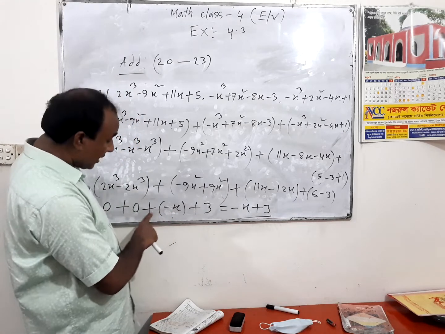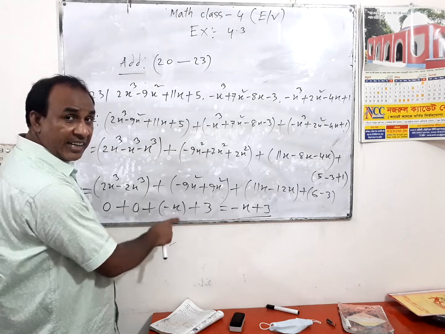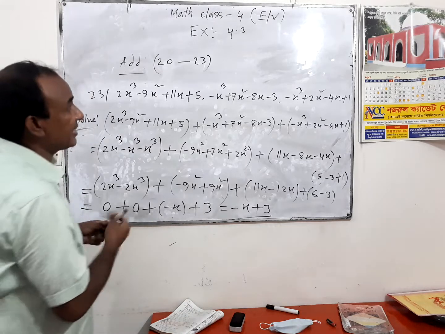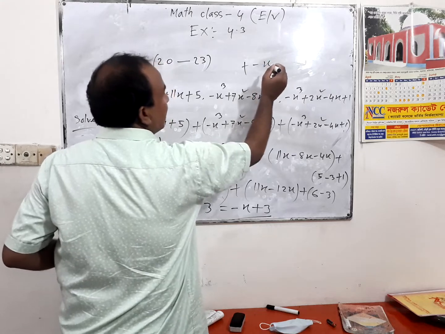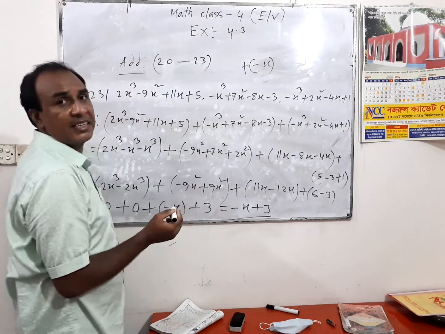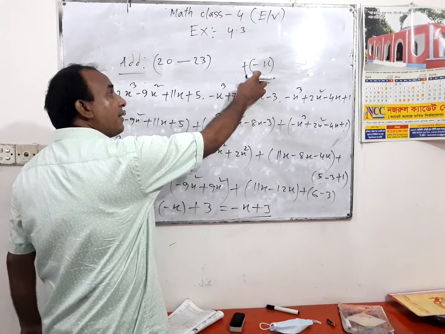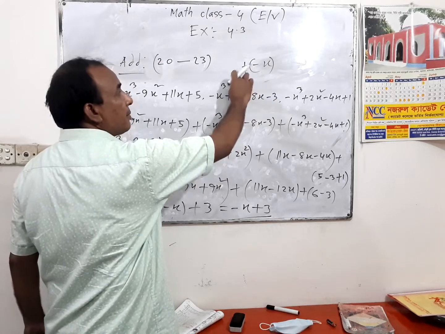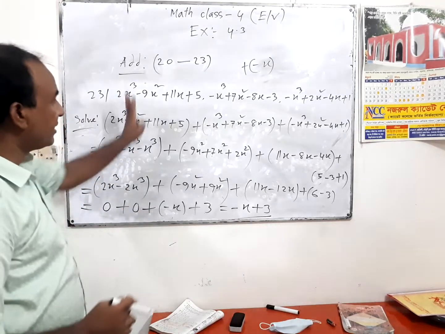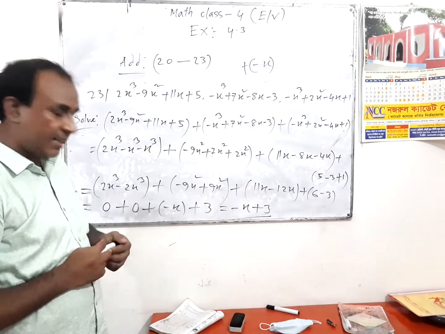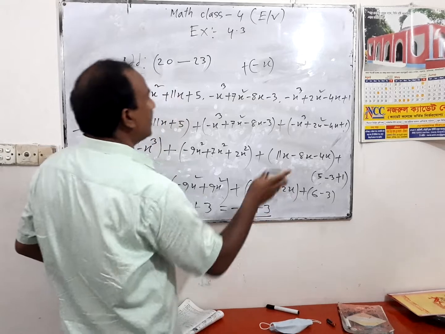We cannot put two signs together like plus, like minus x. That's why we put the bracket, because we have to multiply later. This is the finish. This math is important for you guys. I said to you, this class today is going to finish.